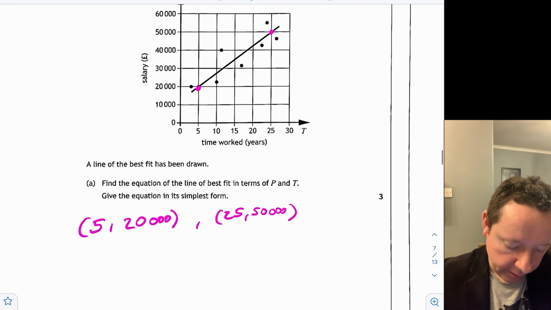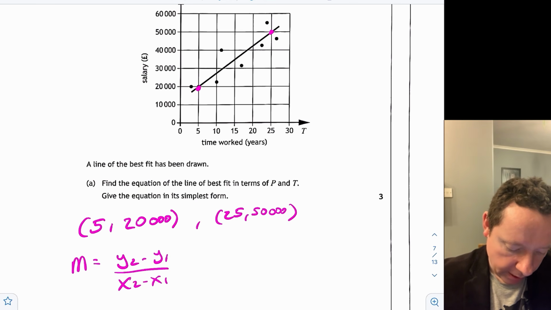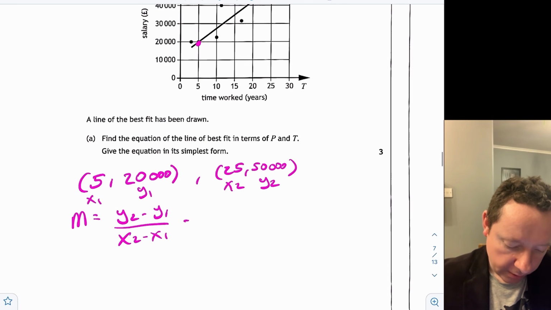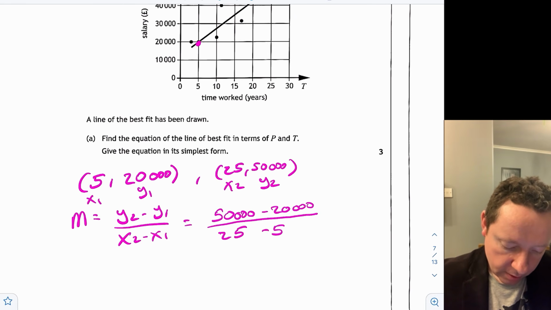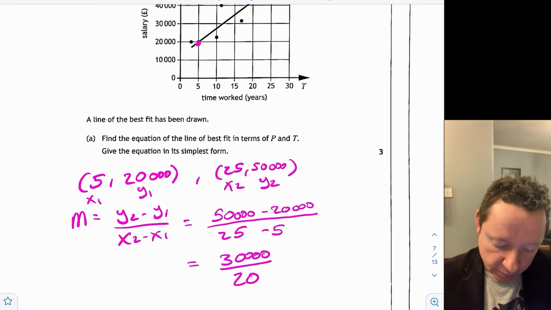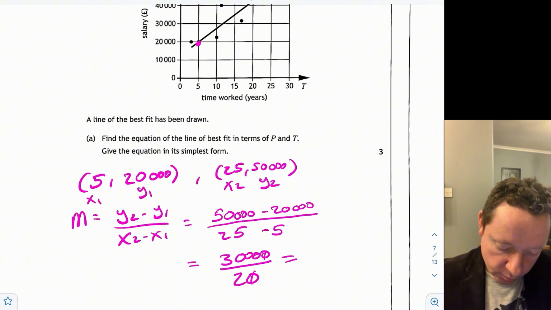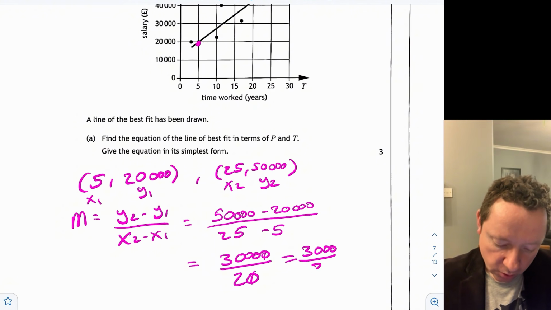So starting off with our gradient, y2 minus y1 over x2 minus x1, that gives me 50,000 minus 20,000 divided by 25 minus 5. So that's 30,000 on the top divided by 20 on the bottom. Quite a big number to deal with, but we can get rid of the zeros to start with. And that gives me 3,000 divided by 2, which is 1,500.